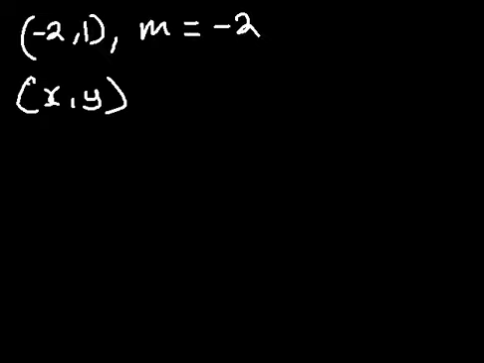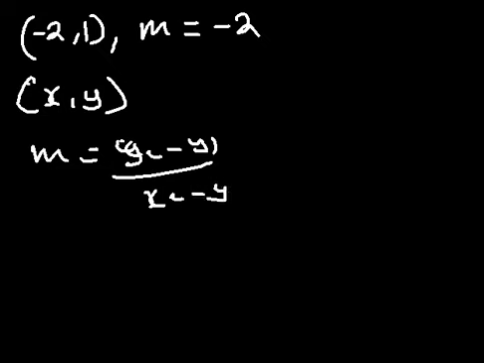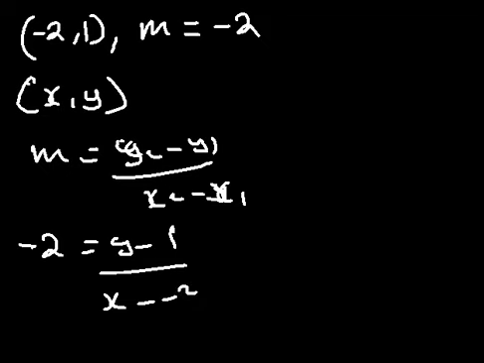Then I present this information in the point slope formula, where the gradient is (y2 - y1) over (x2 - x1). The gradient is -2, which equals (y - 1) over (x - (-2)). So we have -2 = (y - 1)/(x + 2).